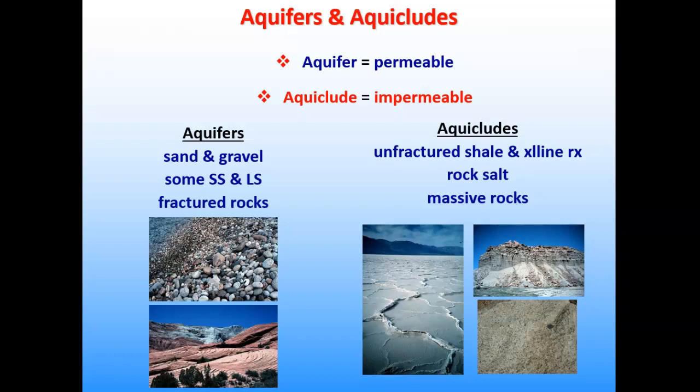Some of these examples are given here. These aren't very permeable, but they're also not very porous, so they fail on both levels. So when we're looking for water storage in the subsurface, ones that have these qualities we're going to call aquifers. An aquifer has a reasonable amount of porosity and permeability, can store water, and we can extract that water.